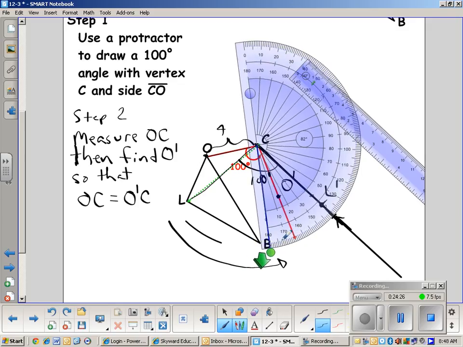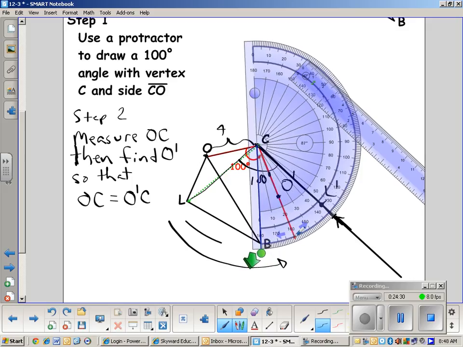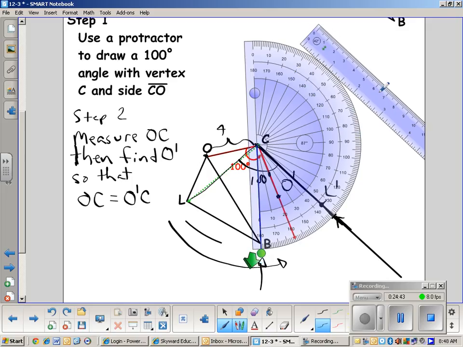Anyway, again, I'm going to repeat the process. Put the center on C and put the 0 mark passing through the last point B, and I want to measure 100 degrees.